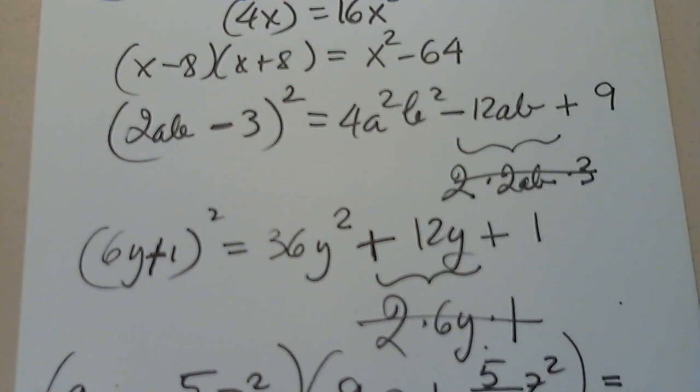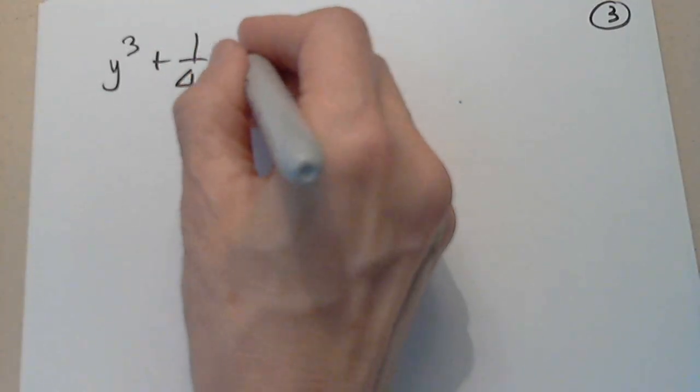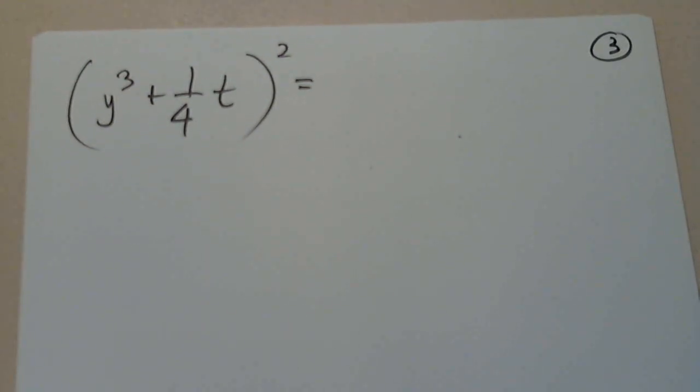Excellent. That's it. First term squared minus second term squared. Very good. Awesome. Well done. Good. Moving on. So let's say y to the third plus 1/4 t, everything squared. First of all, let's establish how many terms will we have to write.